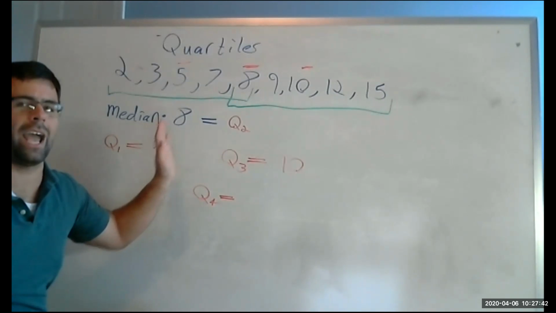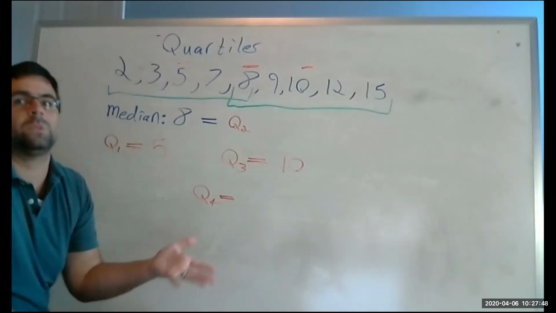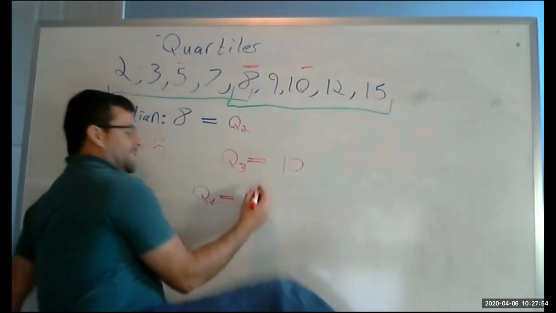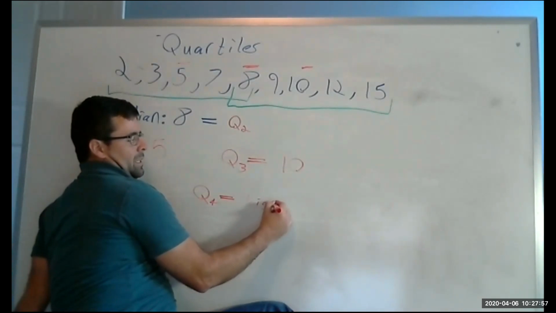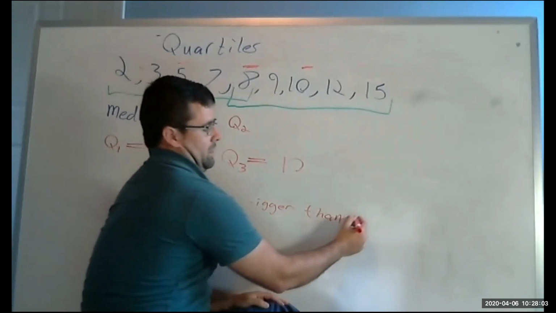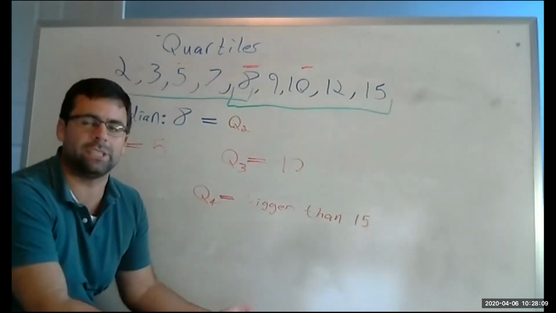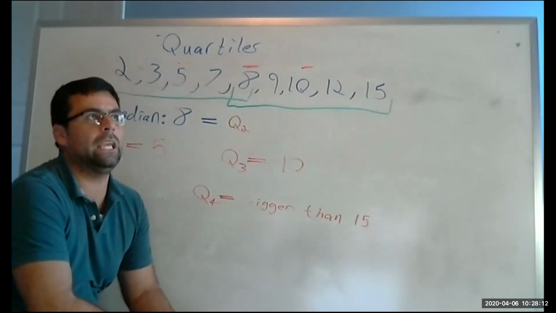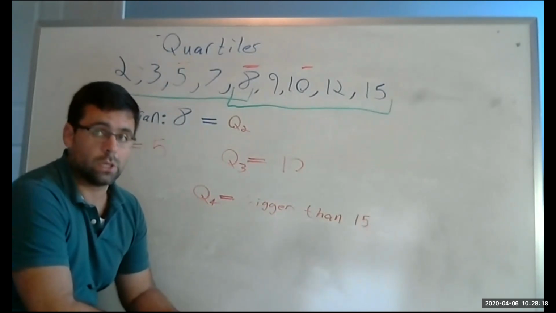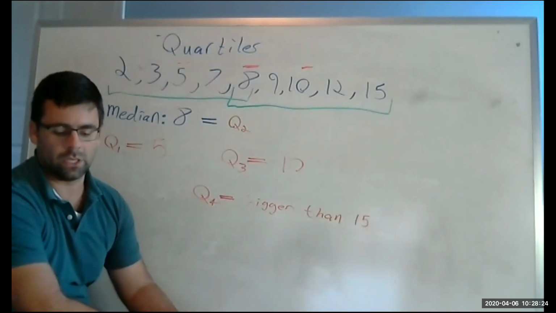So it's the number after 15. But we don't have that, right? So this is why it doesn't make sense to talk about Q4, because it's non-existent. It's outside of the data set. But 15 is as close to a real answer as you could get, but even then it doesn't really follow what we were going for. That's why the question doesn't really make any sense.